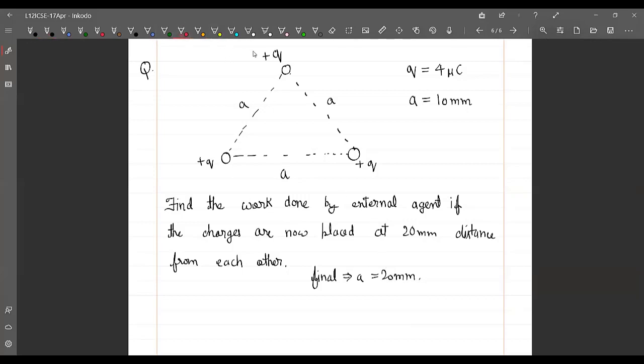This was the initial state. In the final state, you're getting a bigger triangle. So you're separating them. If you're trying to separate them, then there will be some energy involved, some work involved. So from A to 2A, this bigger triangle is 2A.